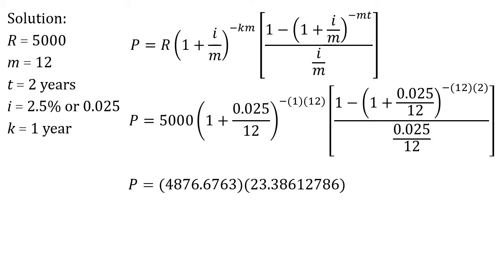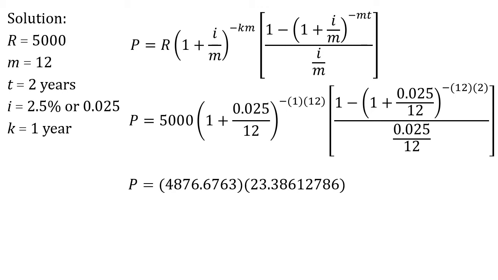Or I think this is the exact result. Then for the items inside the bracket, 1 minus 1 plus 0.025 over 12 raised to negative 12 times 2 all over 0.025 divided by 12.